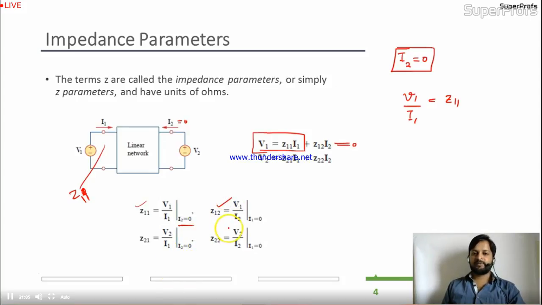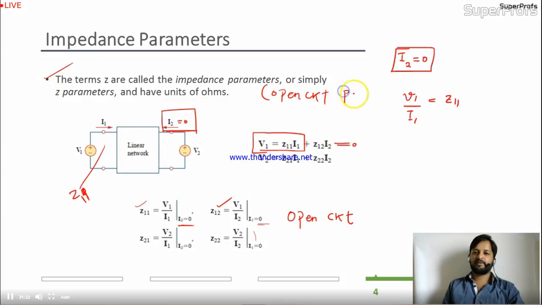What about Z12? You will get Z12 when you open I1, when I1 equal to 0. So this is open circuit, means you are doing open circuits. Suppose you want to get I2 equal to 0. What will you do? You will open the circuit simply. Since you open the circuit, I can say this parameter is the open circuit parameter also.